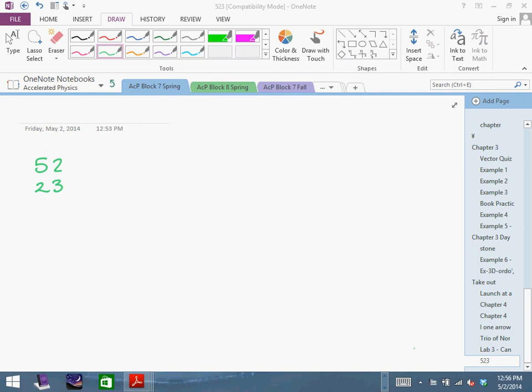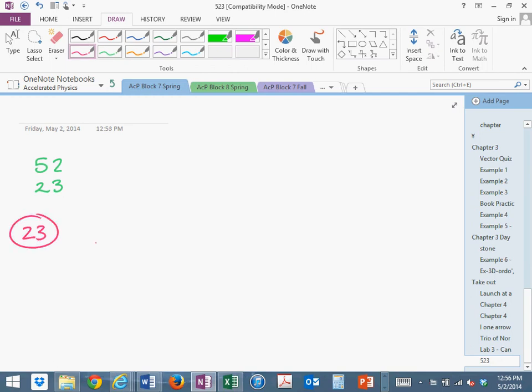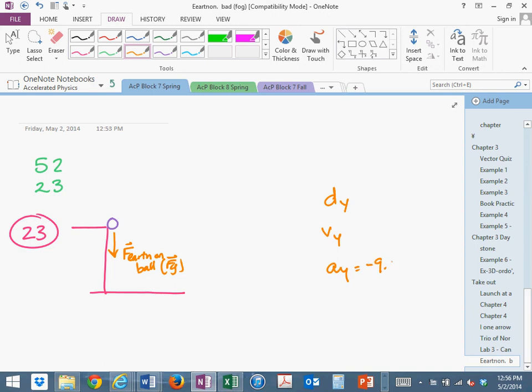So this is what's happening in 52, or excuse me, in 23. You've got your building and your ball, and it's feeling some forces, right? It's feeling a force this way. That's the force of the earth on the ball, F sub g. And that's going to cause an acceleration in the y direction, right? We know that acceleration. So if we were going to fill out the dy, vy, and ay stuff, this is going to be negative 9.81 meters per second squared.